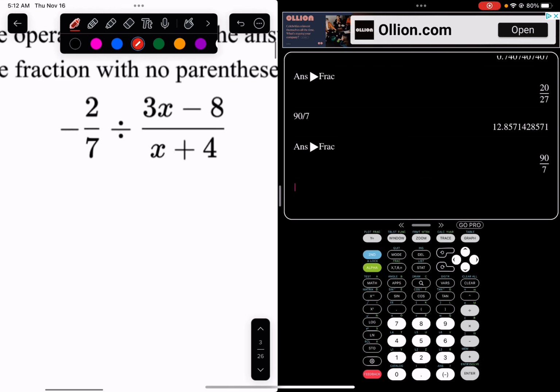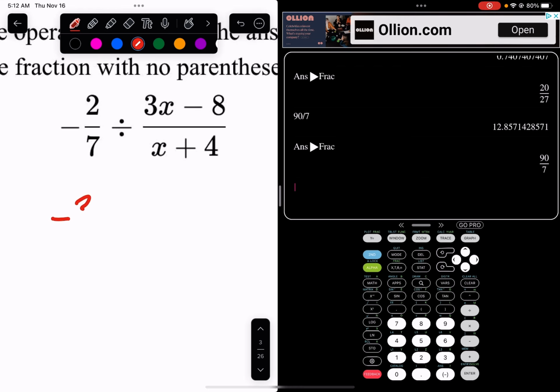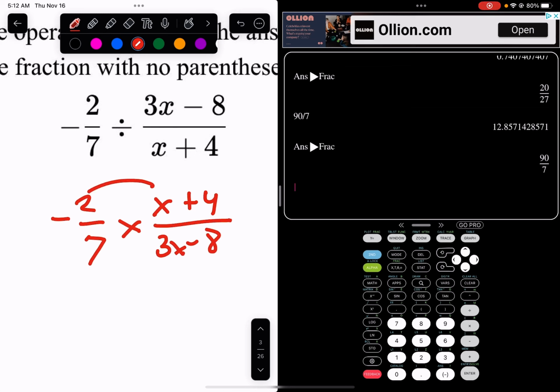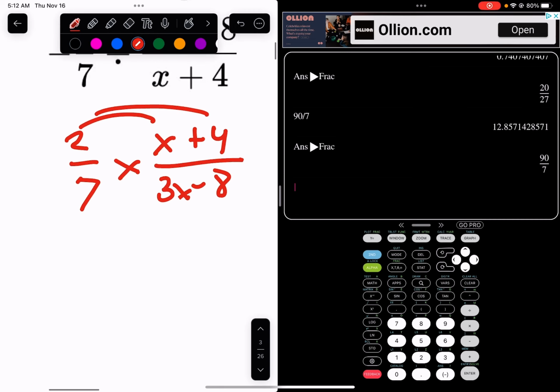All right. So here, we're going to again do keep, change, and flip. We have to make sure to distribute. Now, with the negative sign, I think sometimes that really throws you guys off. One thing you can do is just put the negative on top with whatever's on top. So we'll just make this a -2. We'll distribute a -2. You could make it like 2 over -7 if you wanted.